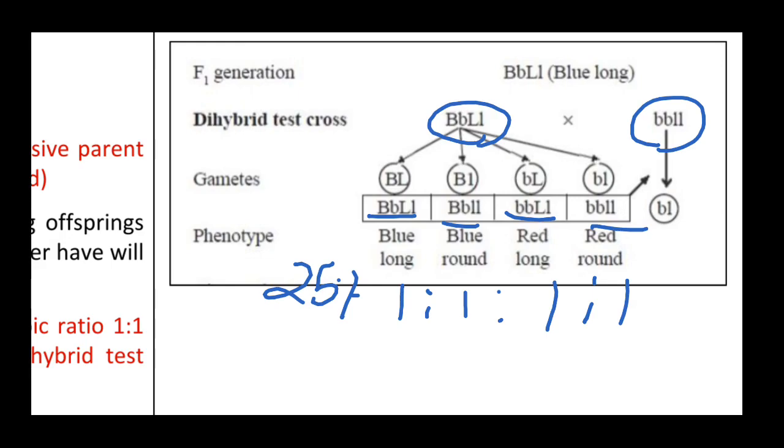Double recessive is nothing but, if you are taking a dihybrid cross, you have 2 characters and the factors which represent both the characters are recessive. Here BB is recessive, LL is recessive. There are 2 homozygous recessives in one plant, and some authors refer to them as double recessive plants, or simply recessive also is okay.